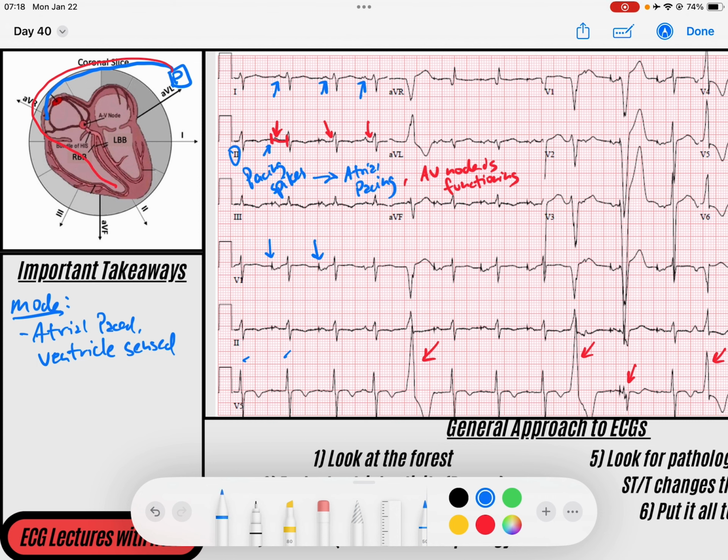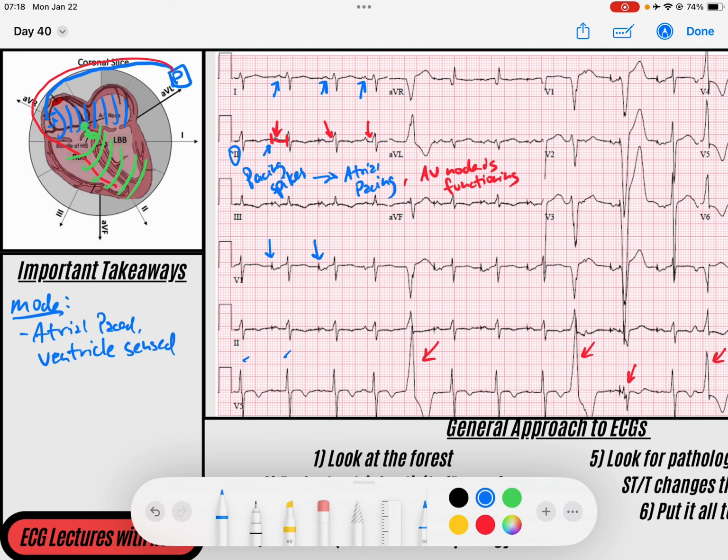The atrial pacing wire fires off when the SA node doesn't fire, and it depolarizes here. But this person has a functional AV node, so when the AV node sends the signal down and causes that narrow QRS depolarization, the ventricular pacing wire senses that. It can sense that electrical depolarization, and it says, okay, I don't need to fire off. And so that's what we're seeing here.